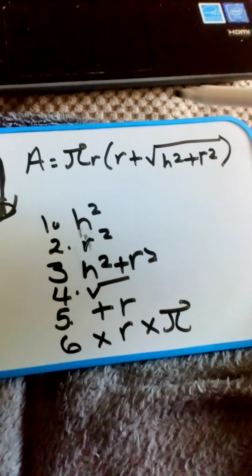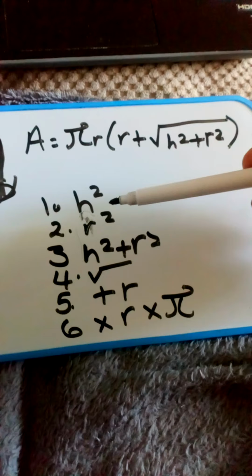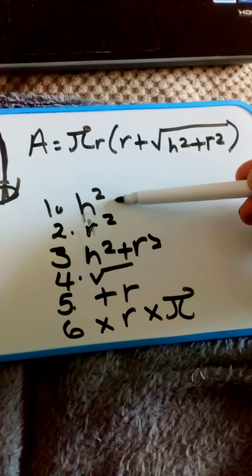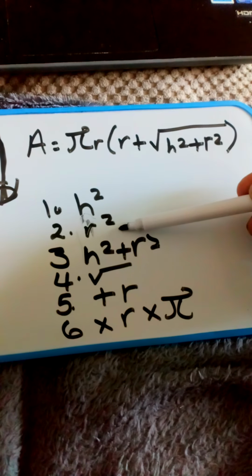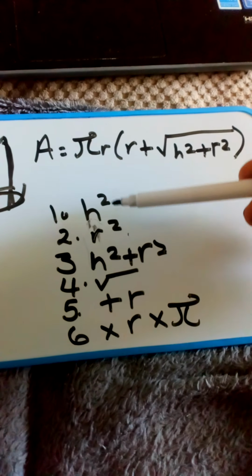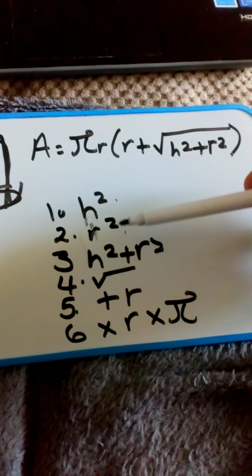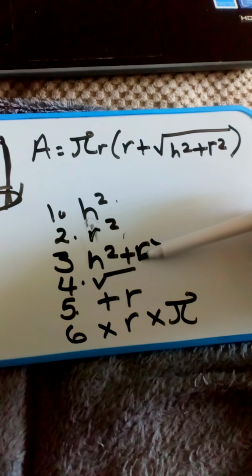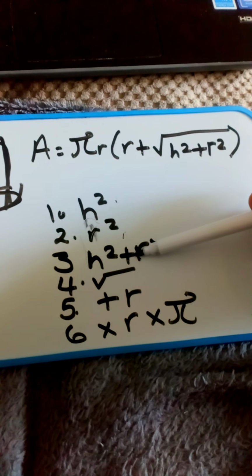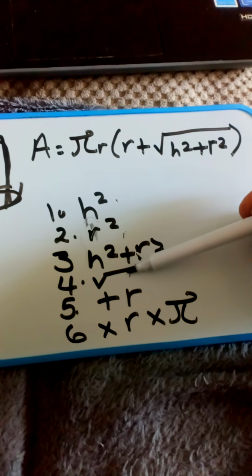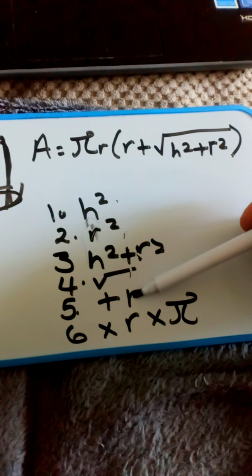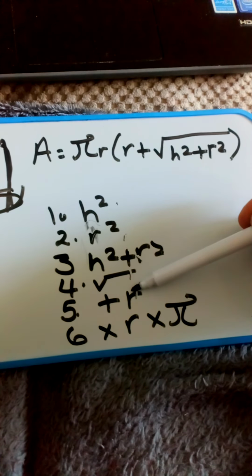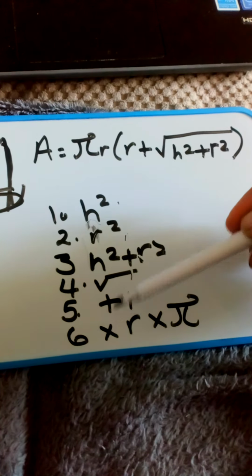Okay, so it looks complicated when it's written out like that, but when you go step by step, you square the height, you square the radius, you add those two answers together, you then find the square root. You then add the radius, press equals, then multiply by the radius and multiply by pi, and that will be your answer.